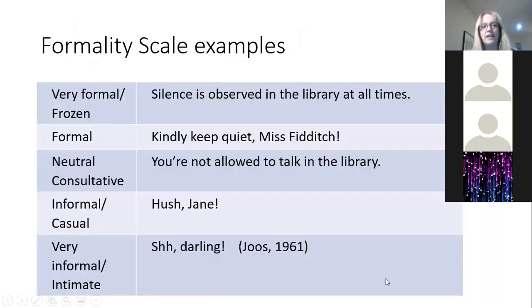Here are formality scale examples. Very formal or frozen might be a sign in the library, or something that the librarian says to a lot of different people: Silence is observed in the library at all times. We're not mentioning any human participants here.